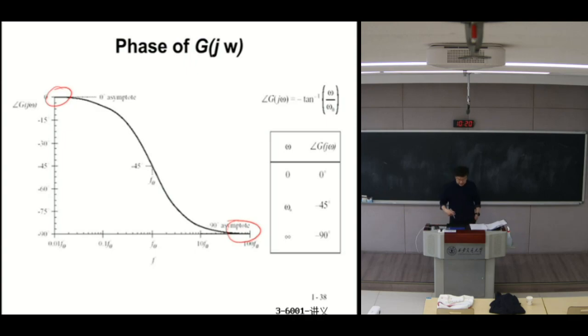And specifically, when frequency is exactly equal to F0, then omega over omega 0 will be equal to 1. Then minus arctangent of 1 will be exactly minus 45 degrees at this point.